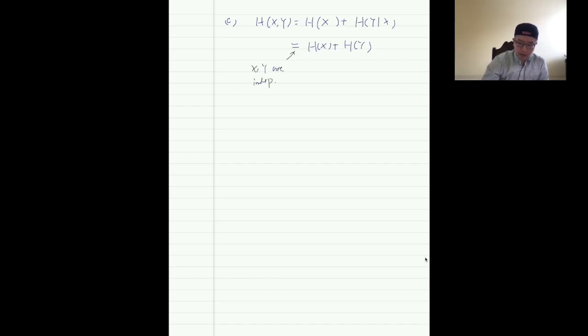And we know in general Z equals X plus Y, it's a function of X and Y. And we know a function will reduce entropy, so that is less than or equal to H(X,Y). But now we want to make sure that this inequality sign can be an equality. Under what condition?